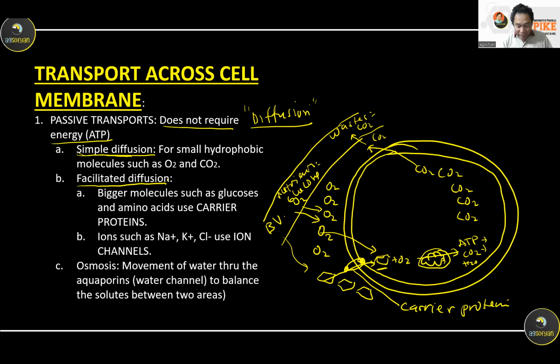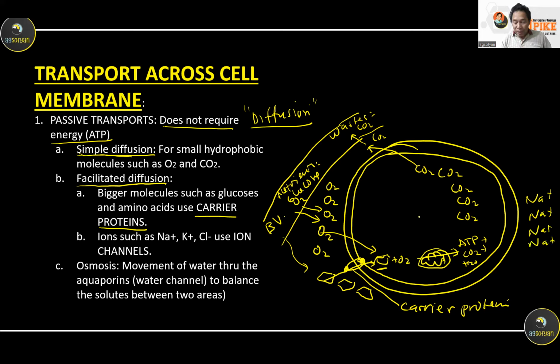Because it's using the carrier protein, this glucose moves with facilitation by carrier proteins to enter into the cell. Now we also have our blood carrying a lot of ions, let's say sodium, for example, a lot of sodium outside the cell.